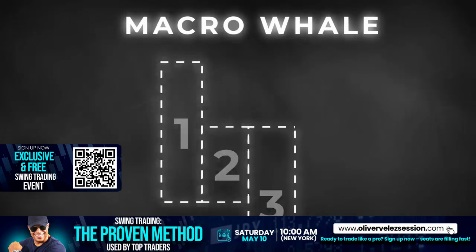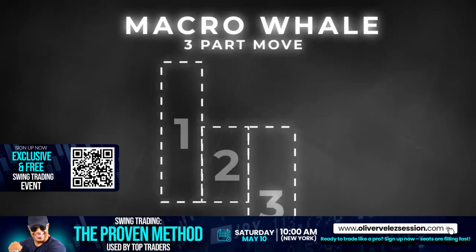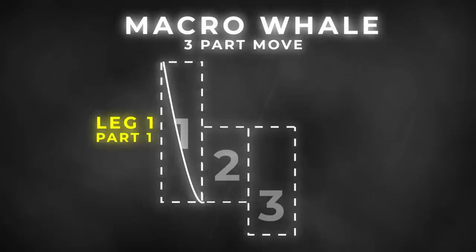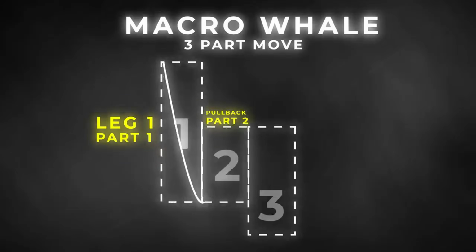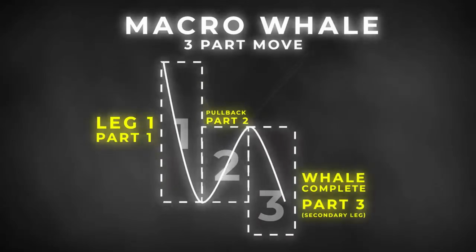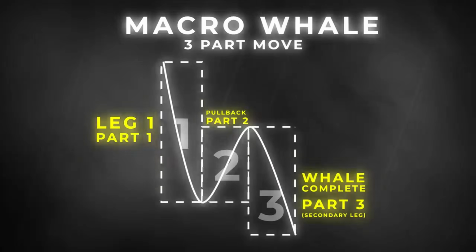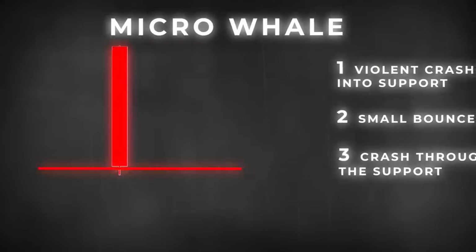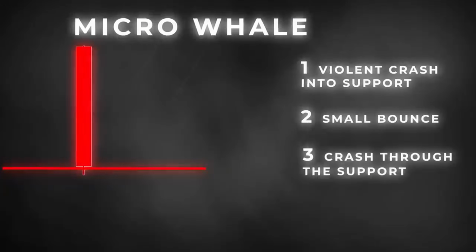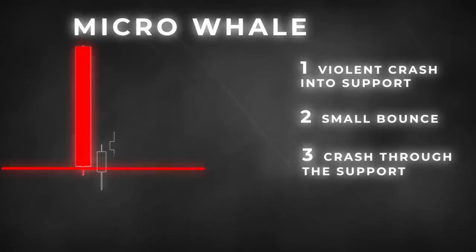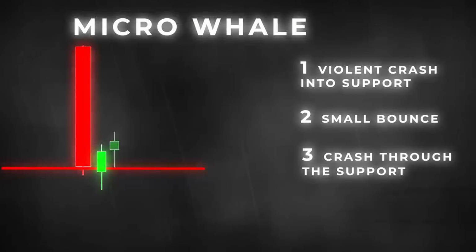Now, most of you should be familiar with the fact that we're looking for a 3-part move in almost every one of our trades. Part 1, the pullback is part 2, and the second part is the whale complete or secondary leg. But this is a micro whale where you crash into support, usually in one fell swoop. You bounce back up oftentimes, and then it crashes through the support.